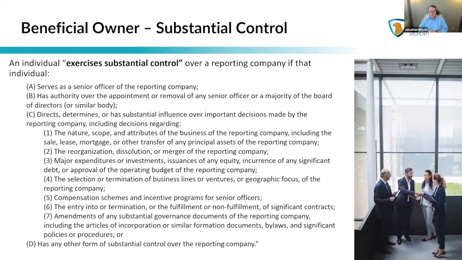So, in my book, the prudent rule is to include, as a beneficial owner, anyone who has a vote on major decisions, which could include all of the members of your LLC in a situation where the operating agreement provides for a majority vote. I think it also includes every member on a corporate board of directors. The corporate board is going to make major decisions. All the board members are going to get to vote. And for that reason, I would include them all.